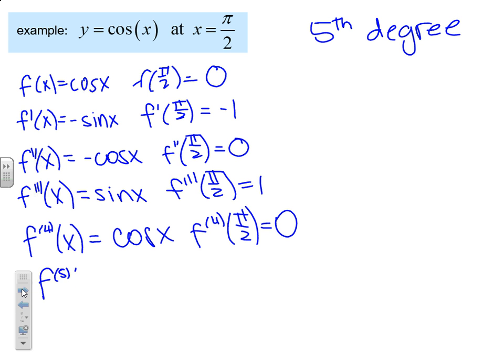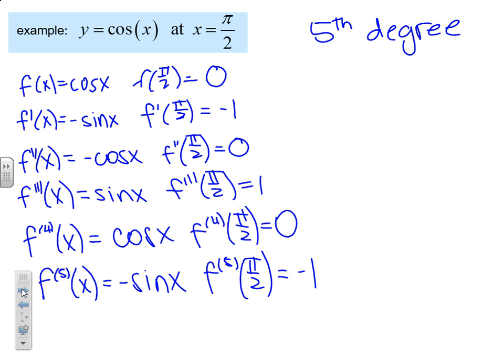And our fifth derivative, negative sine of x evaluated, gives negative 1.